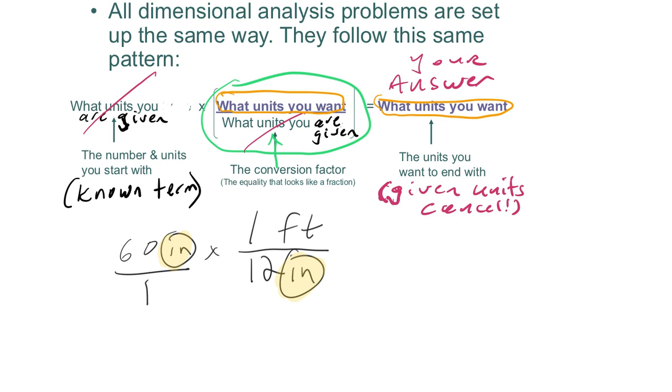You can't put it on top. The whole reason for that is it will cancel out. The unit will, not the numbers. And then you can do the math.